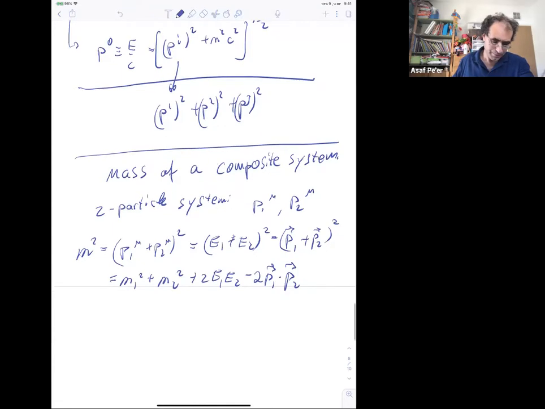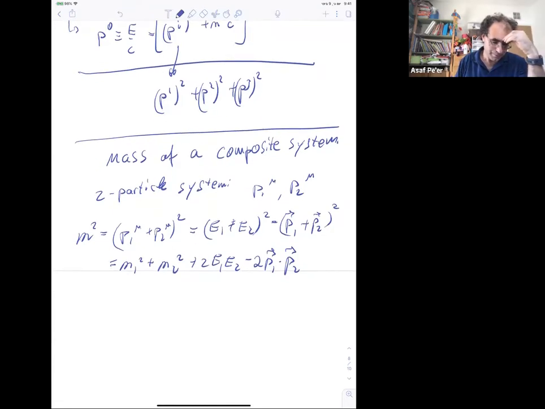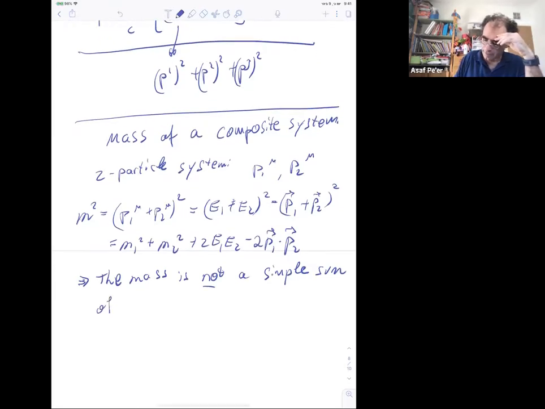Right? The mass is not a simple sum of the two masses. This is not classical mechanics.